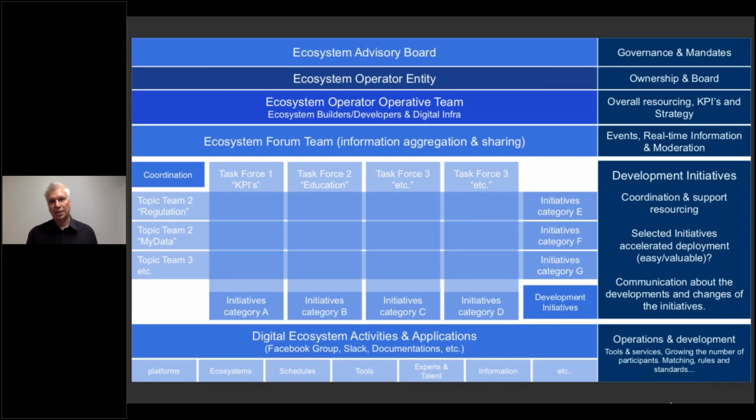And then the last piece is how to design the board of the actual governance at the ultimate level.